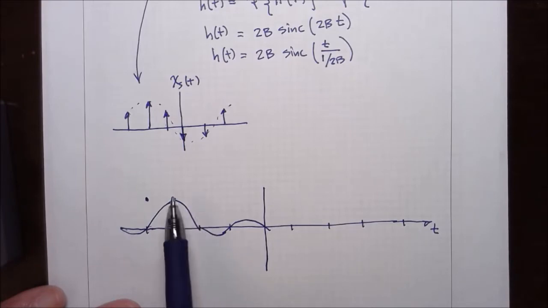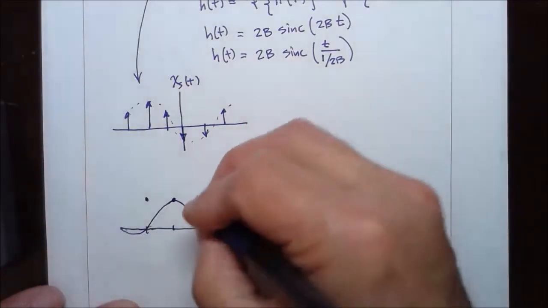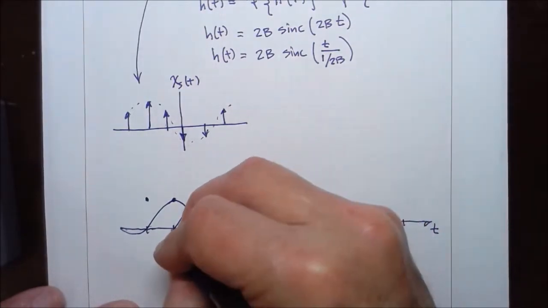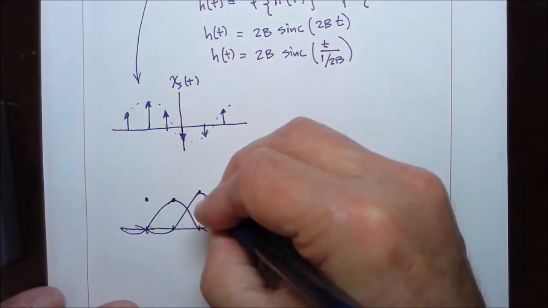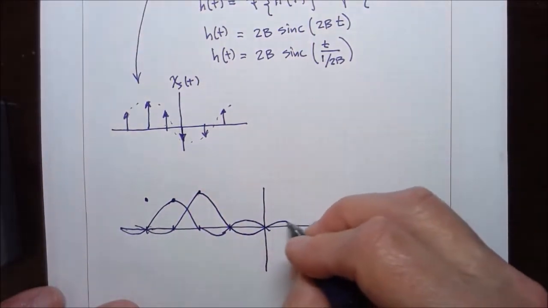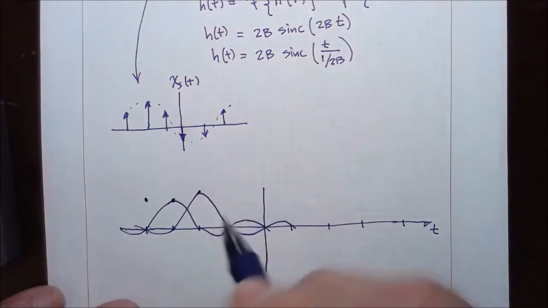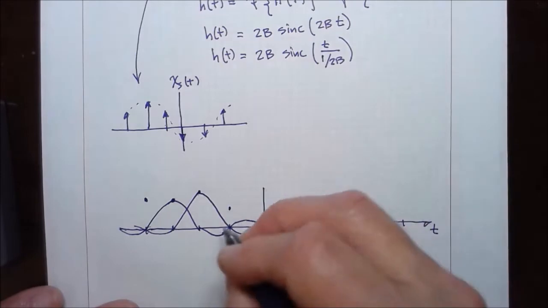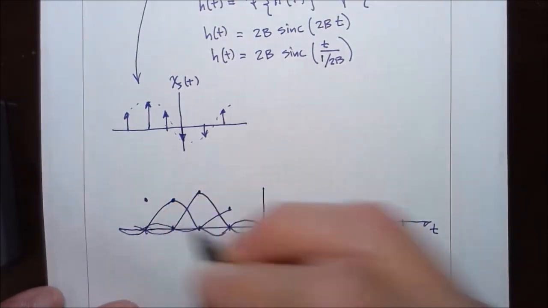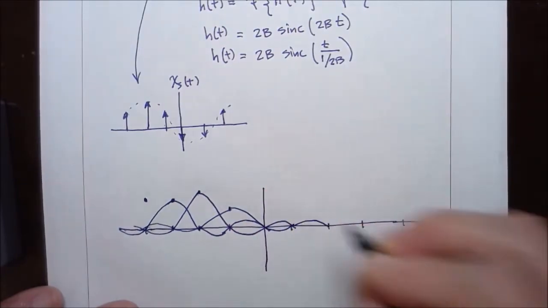scaled shifted sinc function. When the next one serves as the input, we have another scaled shifted sinc function. Then the next one is input, and that will result in the output being this scaled shifted sinc function.